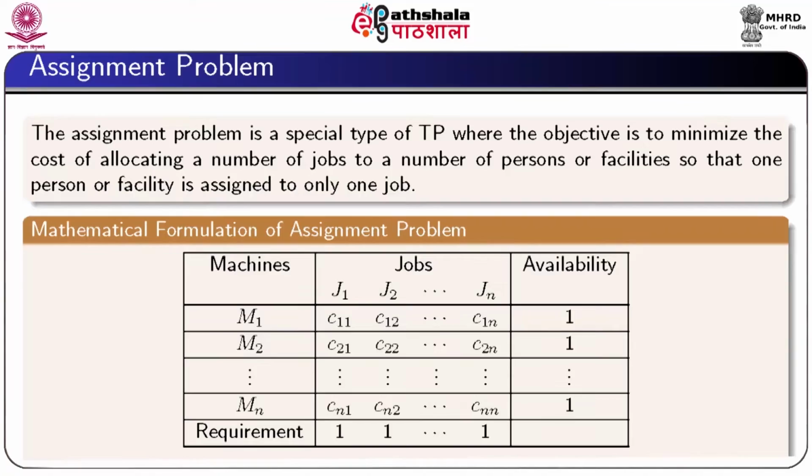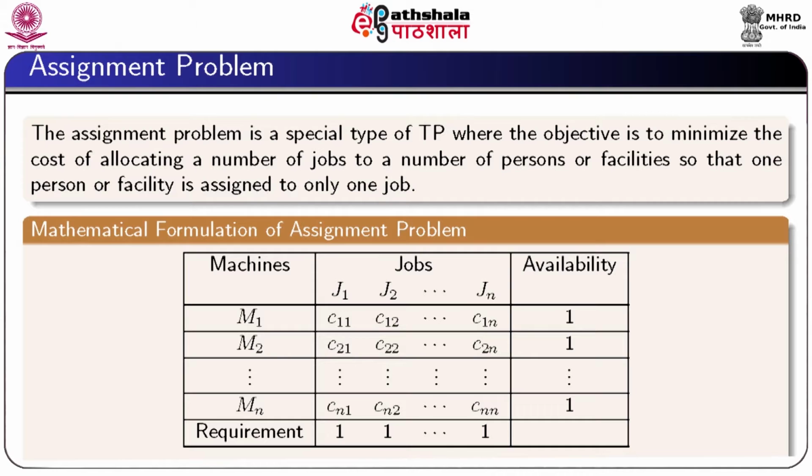Let us first define how an assignment problem can be formulated mathematically. Suppose that a company has n machines M1, M2 up to Mn, and there are n jobs J1, J2 up to Jn, and we have to assign one machine to one job.